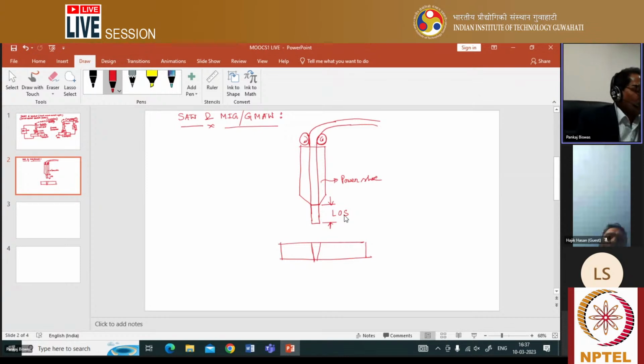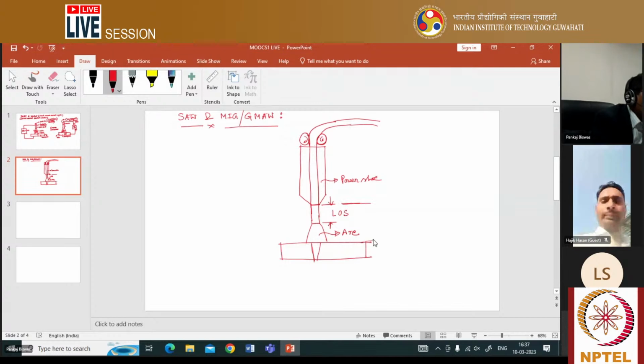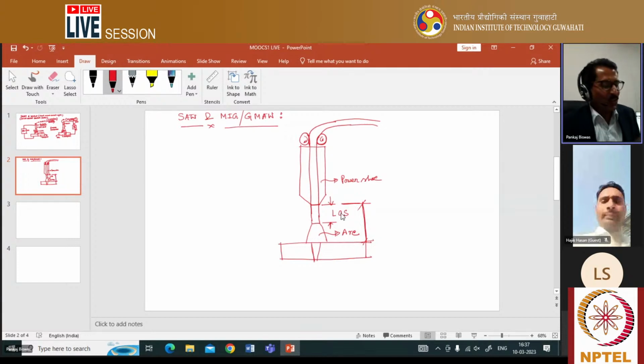Ahead of this is called the arc. Here, one thing you should keep in mind: from the power source, this is actually the summation of arc length plus length of stick out. Now you know, according to Ohm's law.